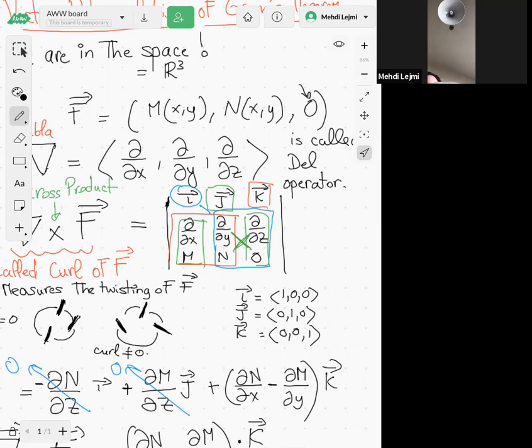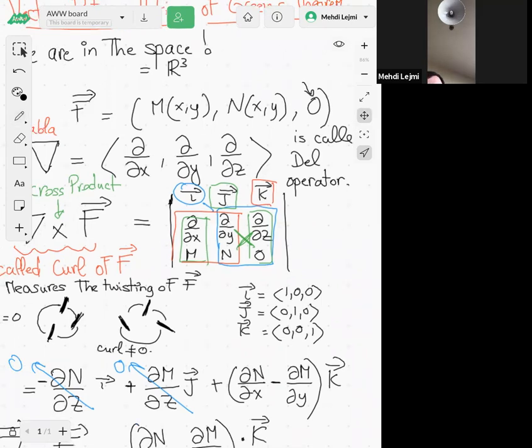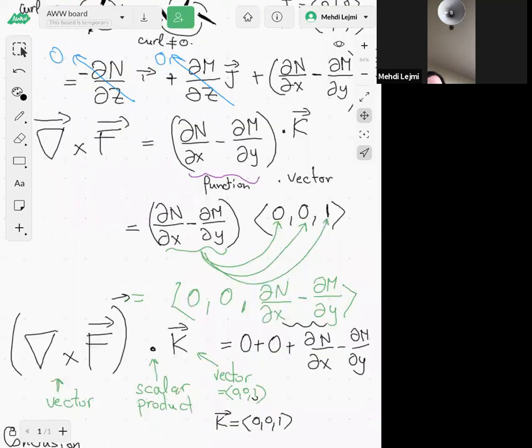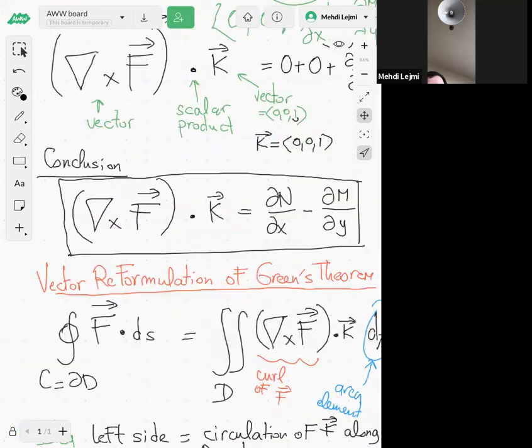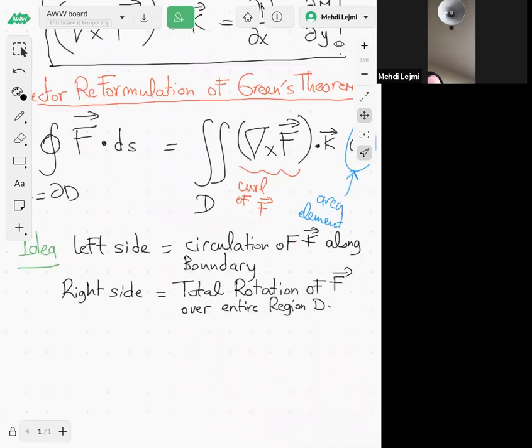So the point is that we're going to generalize this reformulation. I think in the section on Stokes' theorem, which section is that? Yeah, 8.2.